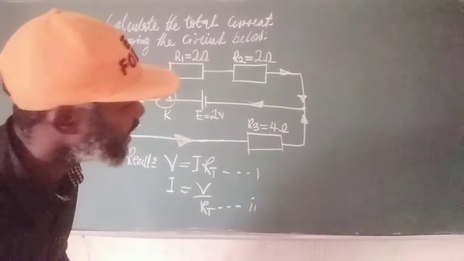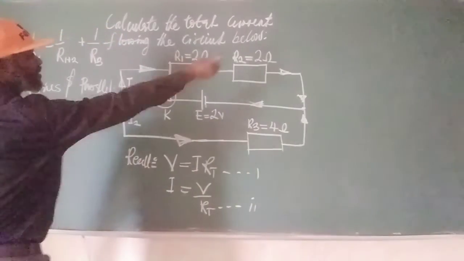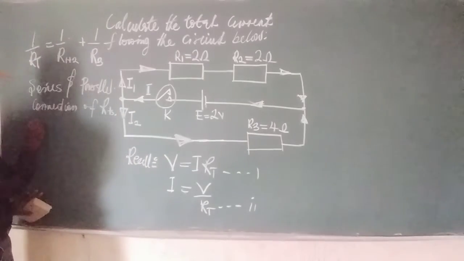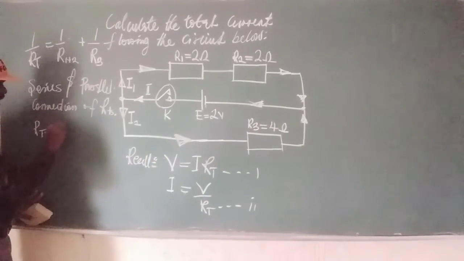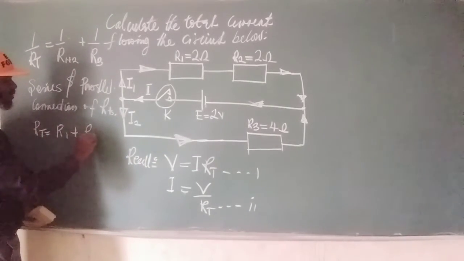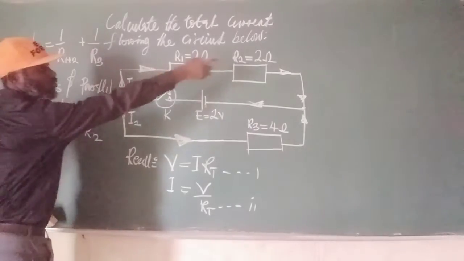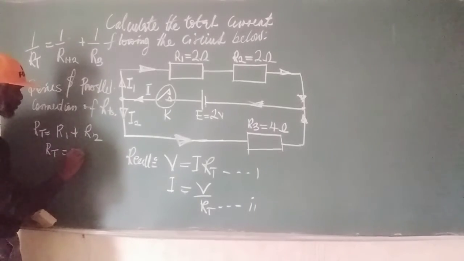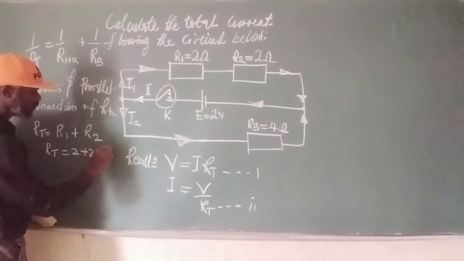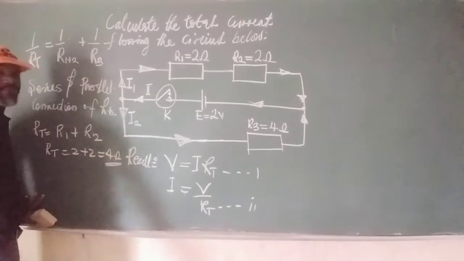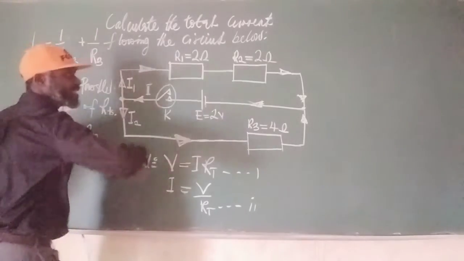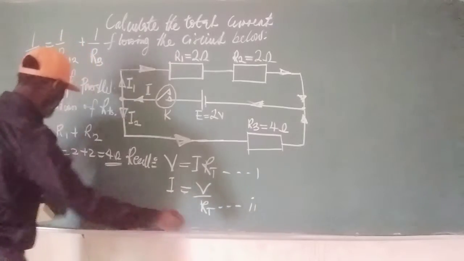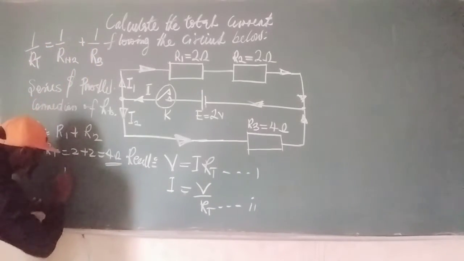First of all, we calculate the total resistance in the series connection. That is RT is equal to R1 plus R2. By the time we substitute these values, we have that RT for total resistance in series is equal to 2 plus 2, and this will give us 4 ohms. For us to calculate the total resistance of the circuit, we have the parallel connection formula.